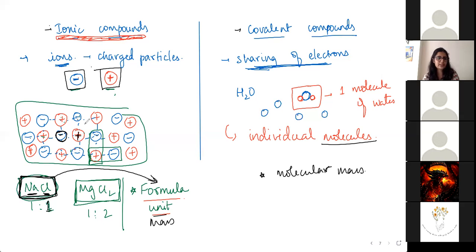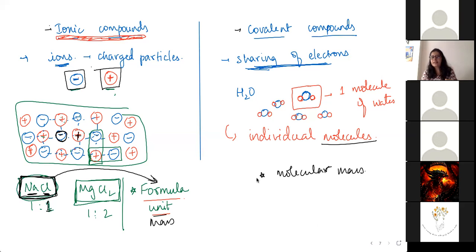They are not connected like an ionic compound. Similarly, if you look at carbon dioxide or oxygen gas, you'll find individual molecules. That is why it makes sense to define molecular mass for covalent compounds. That's the only difference.